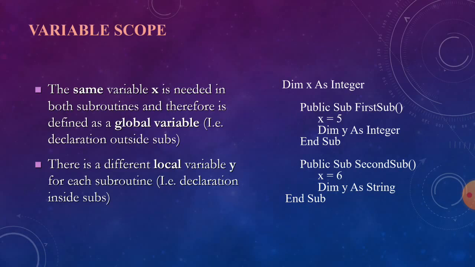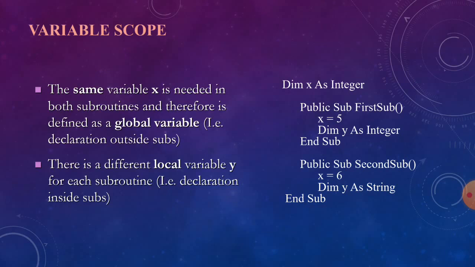And we have declared another variable, dim y as integer. First of all, we have declared one variable x as integer outside the block, and within the block we have declared y also as integer. Next, public sub, the second sub function, we have x equal to 6 and dim y as integer.